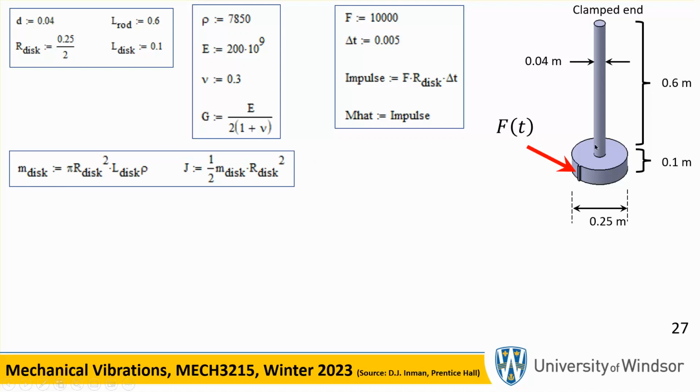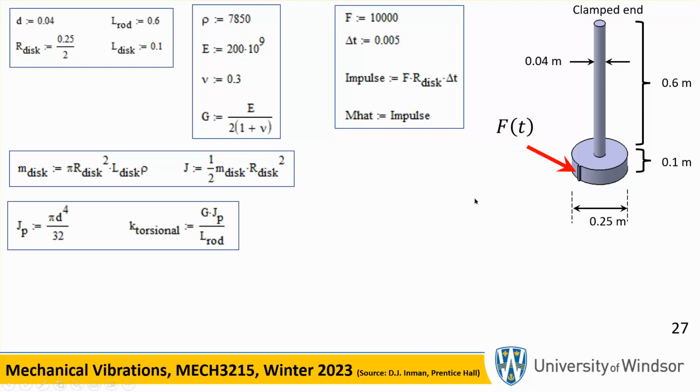We're going to ignore the mass of this shaft, okay? But we need the mass of the disk because we're going to need it in J. Remember, this is a disk of mass M now, which we calculate from here, and it's going to be 1/2 mr squared. This is stuff from strength of materials, or from deformable bodies, or from stress analysis.